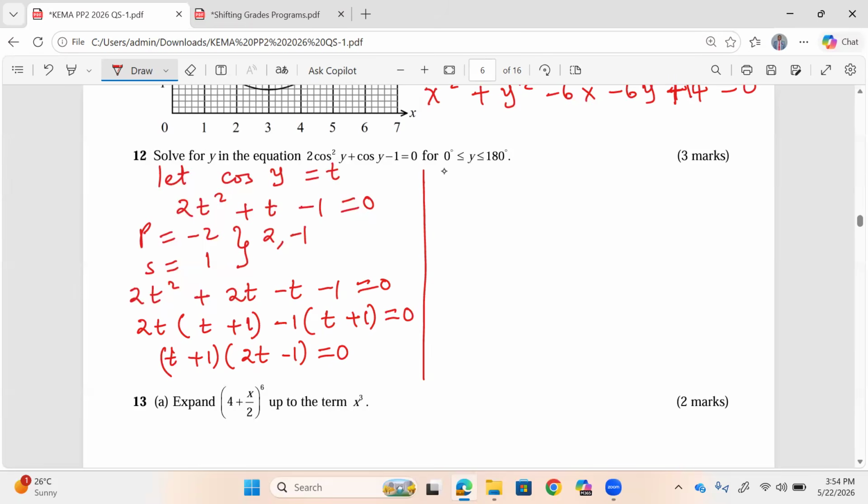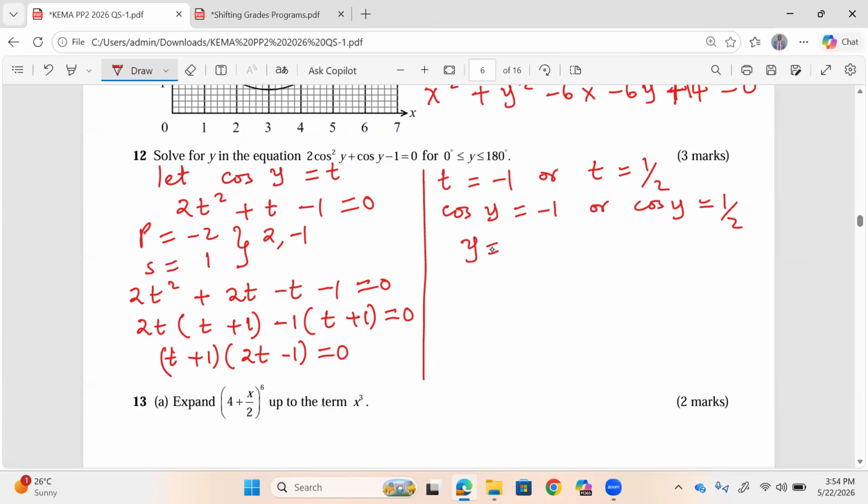With this, we can say t equals negative 1, or from the other factor, 2t equals 1, meaning that t equals half. So we have 2 values. It is the cosine of y that had been let to be t. Therefore, cos y can be negative 1, or cos y can be half.